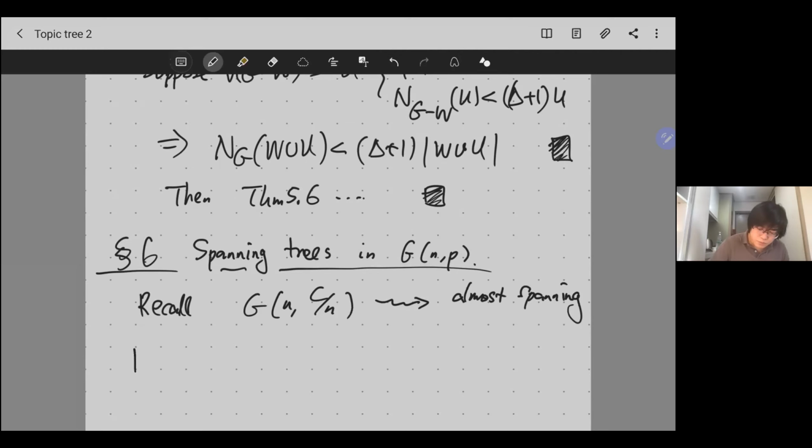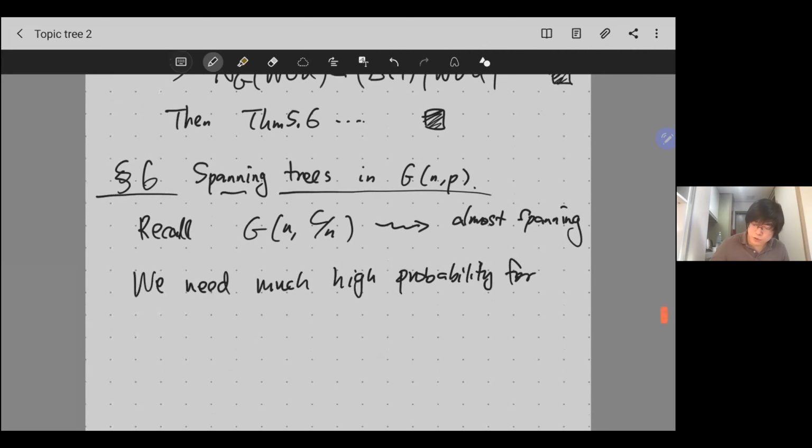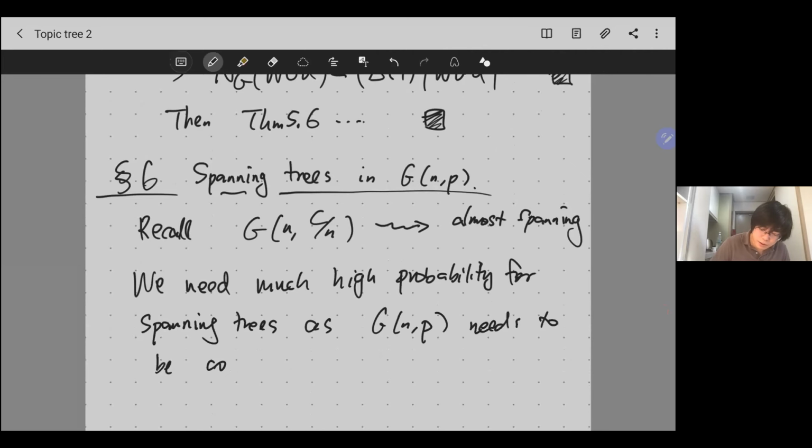So we need much higher probability for spanning trees, as G(n,p) needs to be connected.